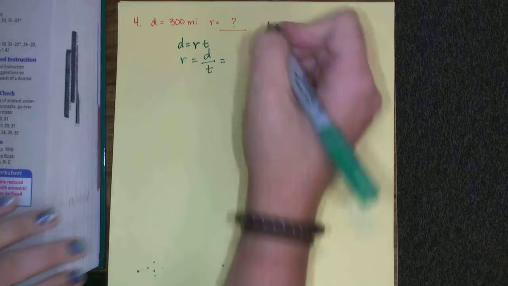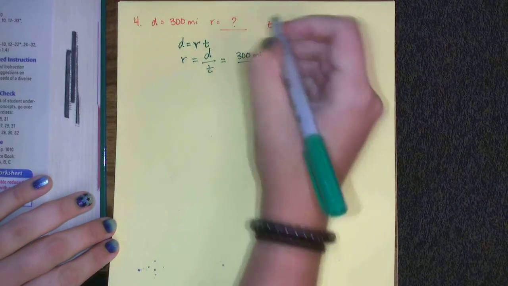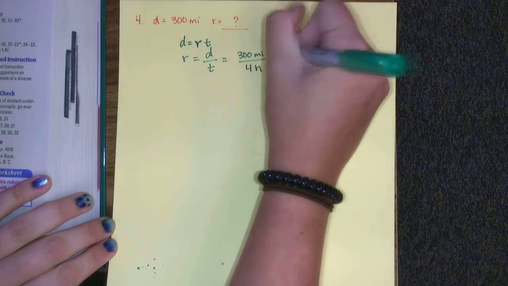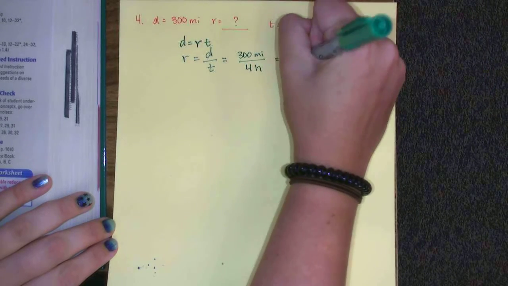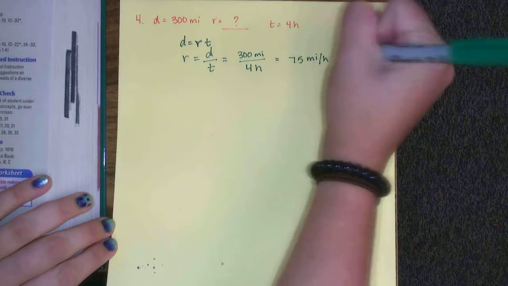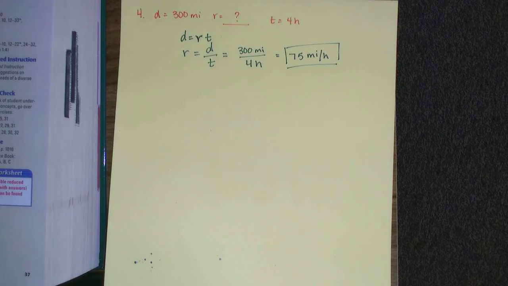So I plug in 300 miles over T is 4 hours, which then is what? 75 miles per hour is the answer for that one. Okay, and you have to have units, so make sure you don't forget those.